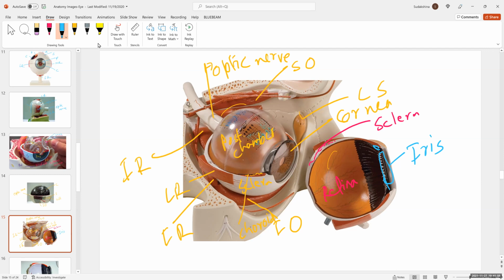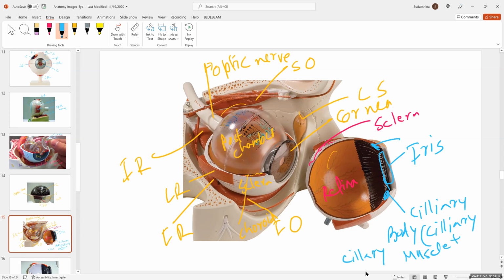Toward the edge, this is where you will find the ciliary body, which is made of the ciliary muscle plus, I don't have it in your list, ciliary process, because we can't really see it. So this serrated edge, this is all choroid.